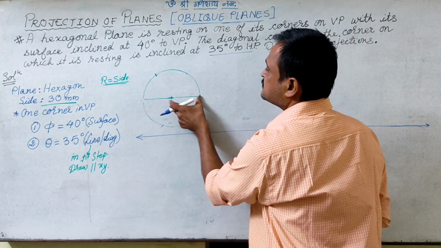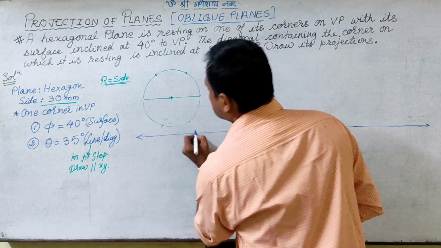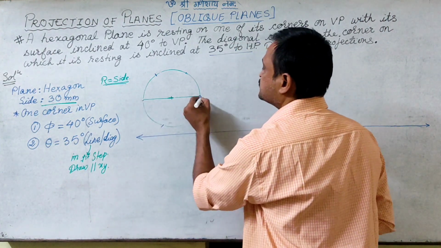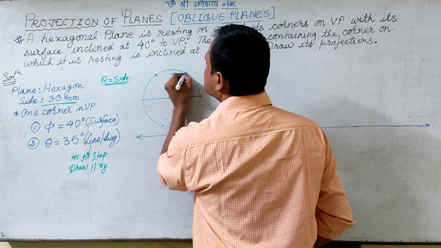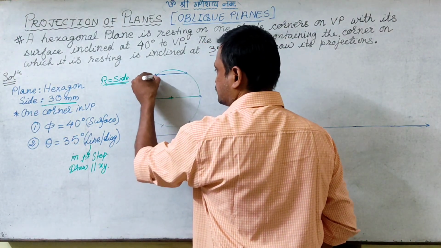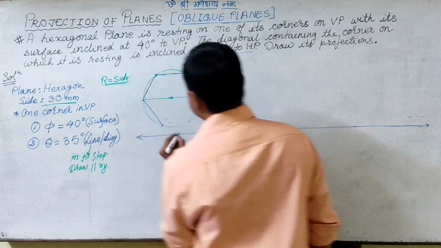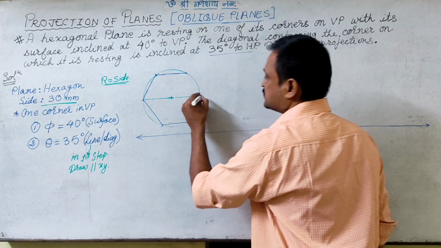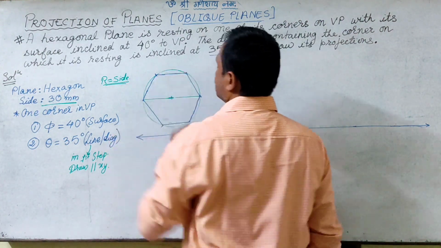Then the same method here, and I cut it here. So I have these 6 points of the required hexagon. Now I join all these points, so I get my required hexagon.